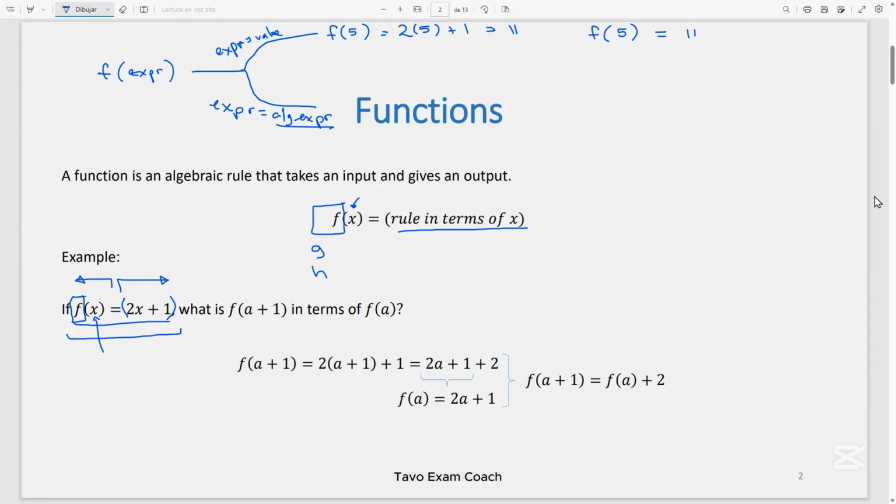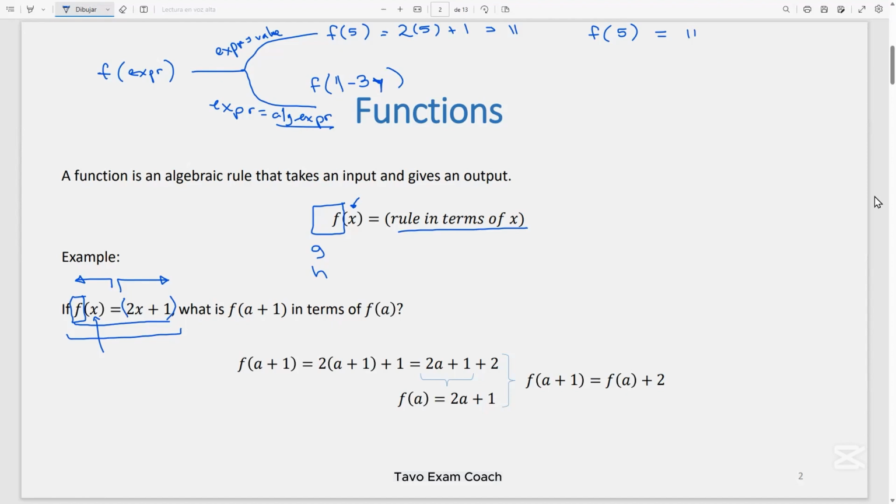Now, what if, for example, you see this expression, f of 1 minus 3 times y? How do we interpret this expression?